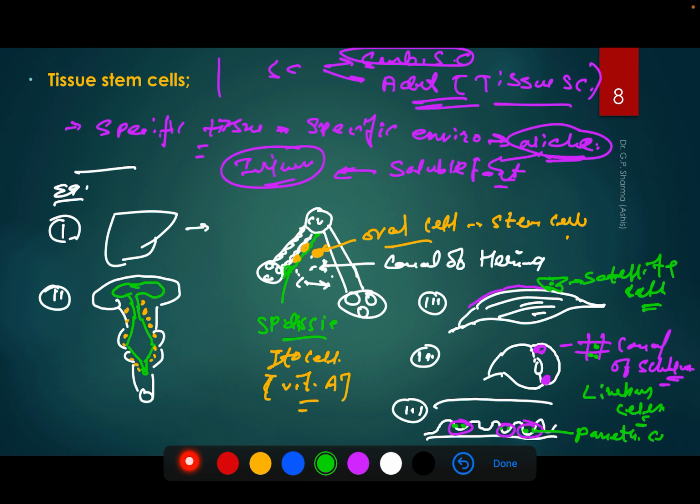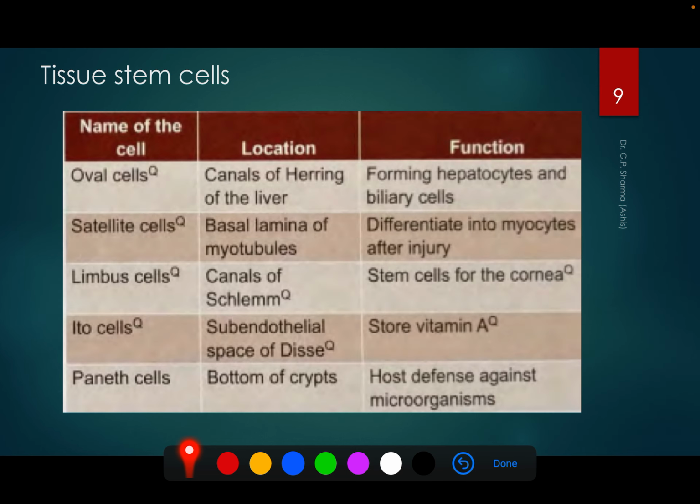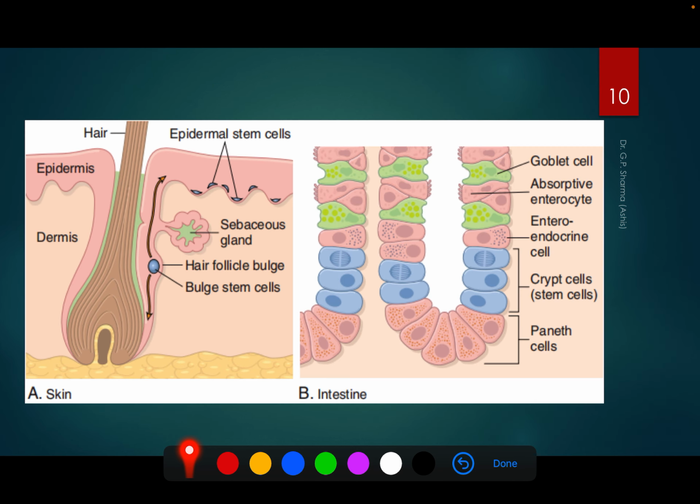Paneth cells. So these Paneth cells are also what is this one? The tissue stem cells, right? So these are the types of tissue stem cells which I discussed, and these tissue stem cells regenerate when we have tissue injury. They are helpful in the renewal of the tissues, right? So this one we discussed right now.